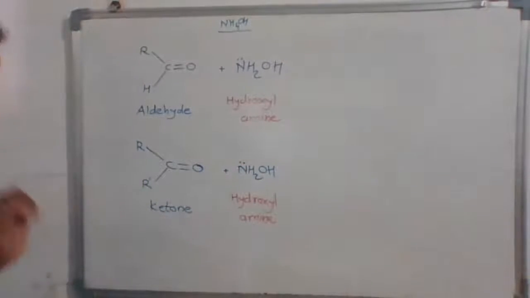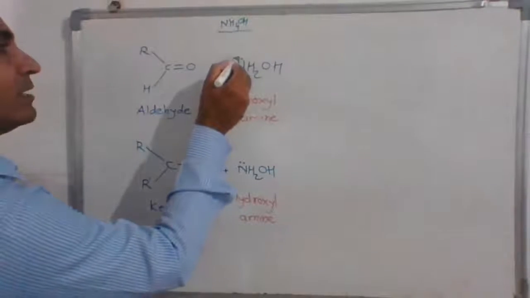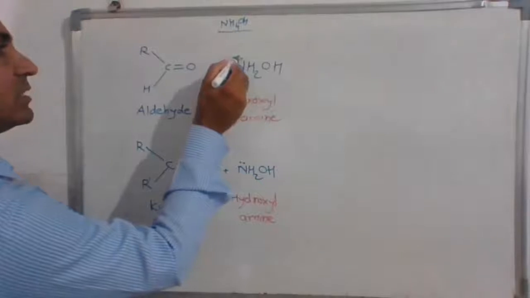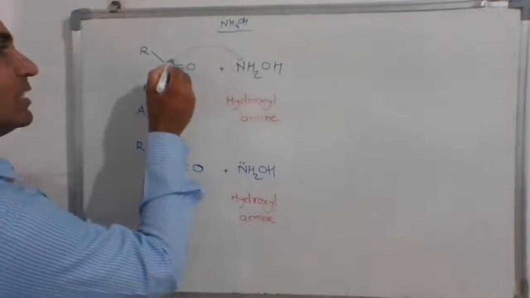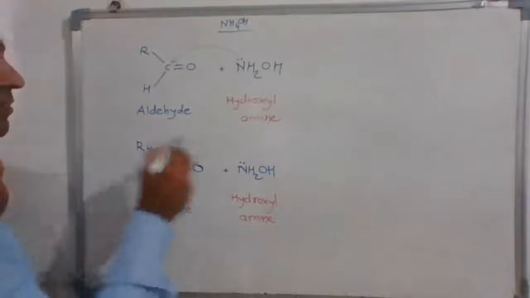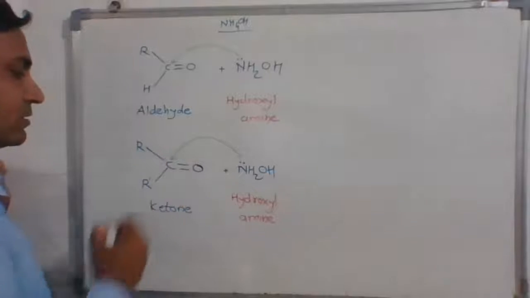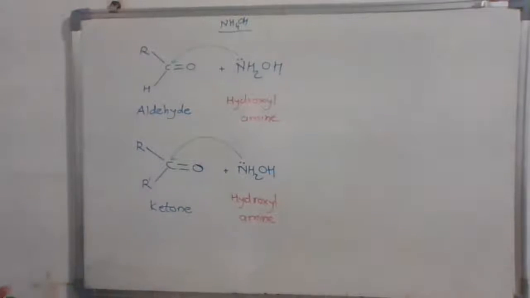Now see how the reaction takes place. This lone pair attacks the carbonyl carbon. Similar attack takes place in the case of this ketone. And then we get the product.